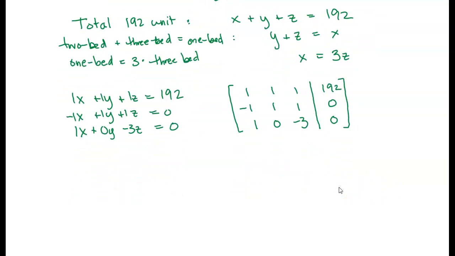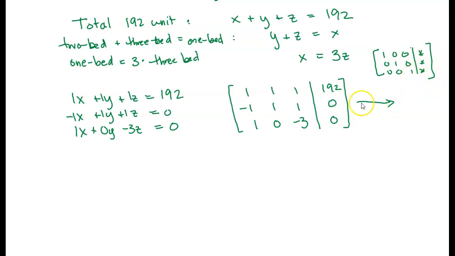All right, so think about my goal. My goal is to get this row reduced form, right? I want it to be 1, 0, 0, 0, 1, 0, 0, 0, 1, and then some numbers over here. Okay, that's my goal. I'm just going to keep that in the back of my mind.